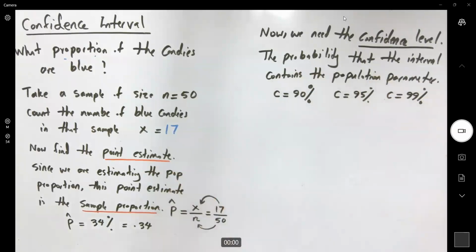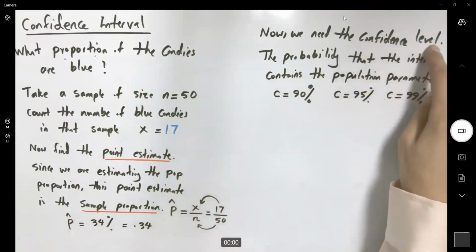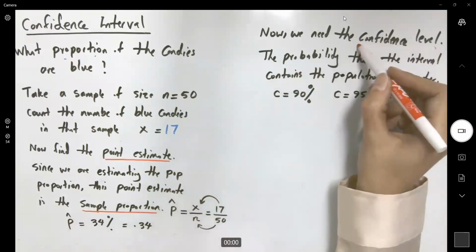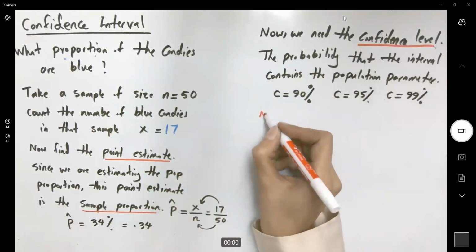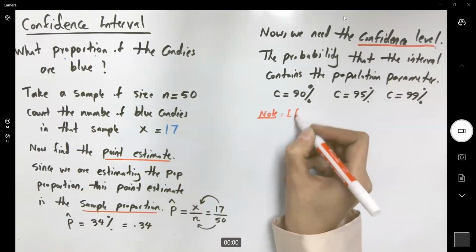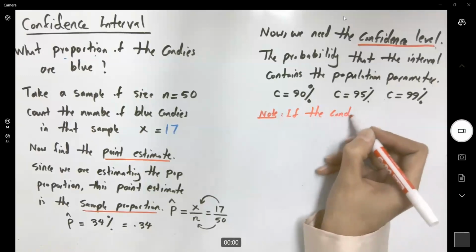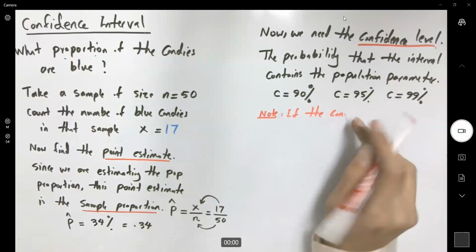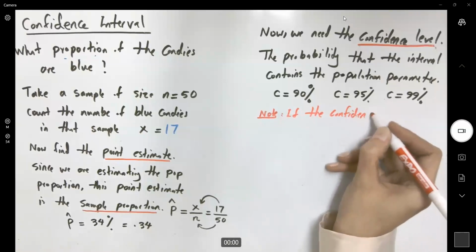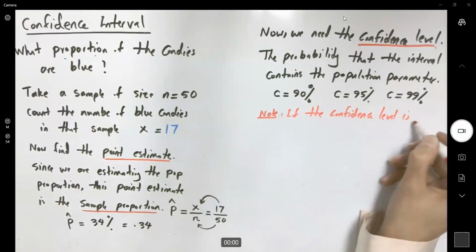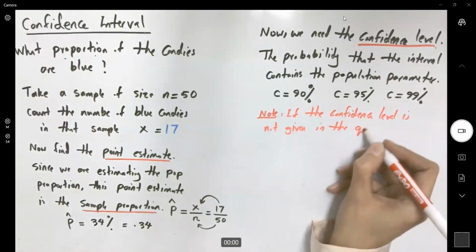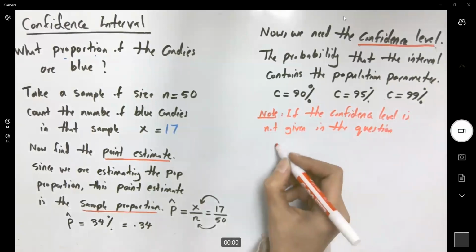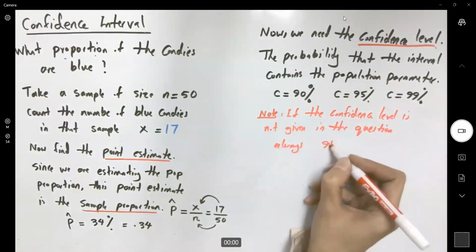So we found the point estimate, which is your sample proportion. We find the confidence level. This confidence level is given in the question. Just a quick note: if the confidence level is not given in the question, always take 95%.